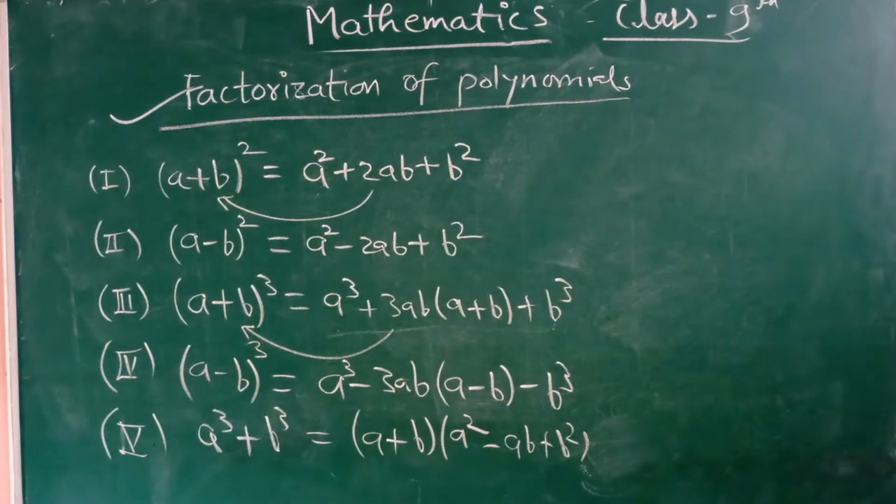Just write down. I will rub them. A plus b whole square, a square 2ab b square, and then a plus b whole cube, we have all positive signs. So you all have noted down.